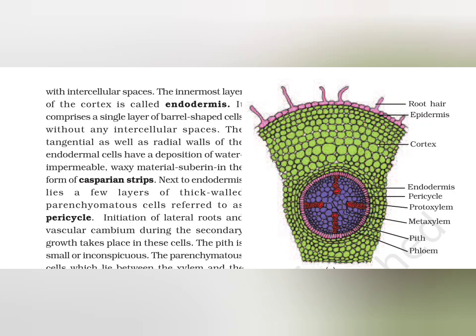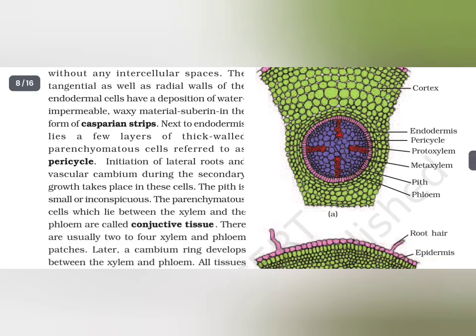The tangential as well as radial walls of the endodermal cells have a deposition of water impermeable waxy material suberin in the form of Casparian strips. Next to endodermis lies a few layers of thick-walled parenchymatous cells referred to as pericycle.